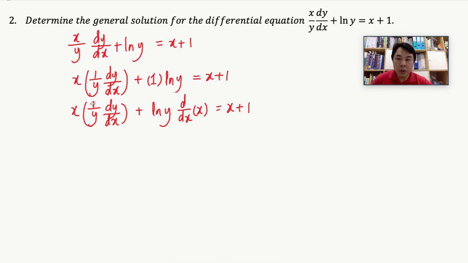And then furthermore, we also recognize that 1 over y dy/dx is indirectly a differentiation of natural log y. So that is typically d/dx. I would say there is an implicit differentiation of natural log y in this case.